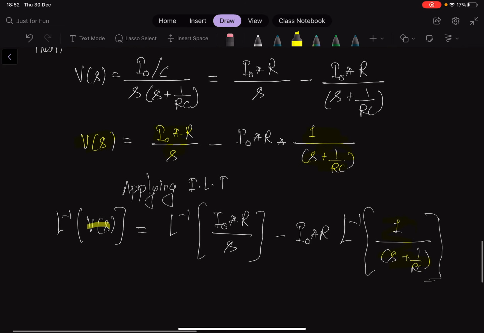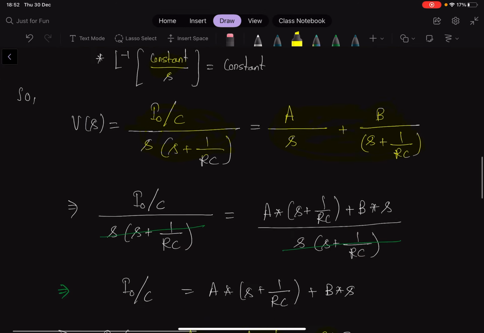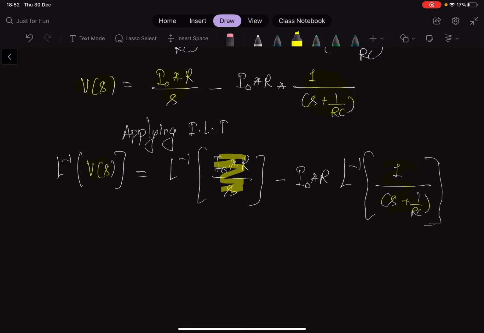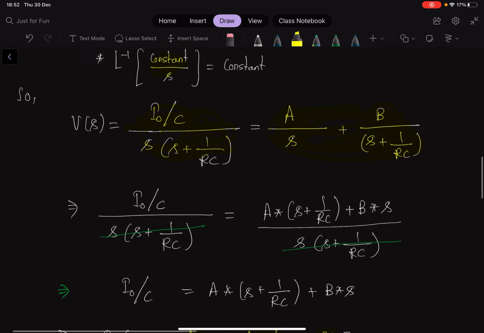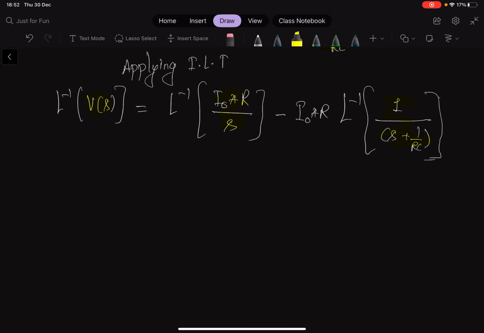Formula number 2 is here. So we'll get Vt in terms of time domain, which is a transient voltage. And constant over s is going to be simply a constant. So we'll get Vt equals I naught times R minus I naught times R times exponential of e to the minus 1 over RC t, because our a is nothing but 1 over RC.